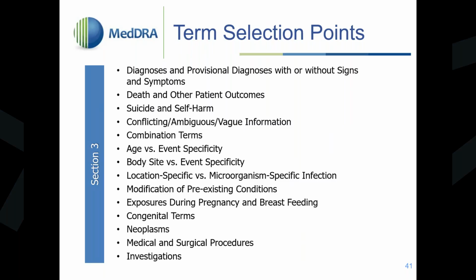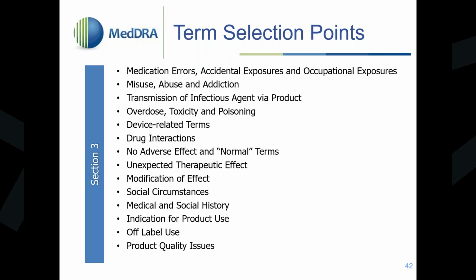I mean, there's even more on the second slide. There's so many different circumstances, even when there's really no adverse event. So even if there's no adverse effect, there is a selection in the ICH endorsed guidelines for that.